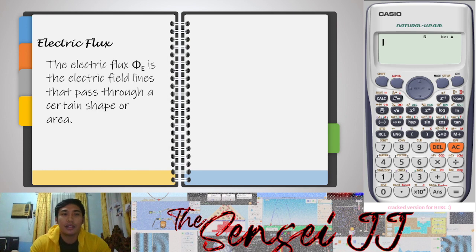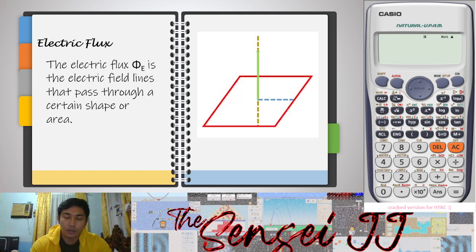When we talk about electric flux, phi E, it is the electric field lines that pass through a certain shape or area. For example, we have here a rectangular or square area.